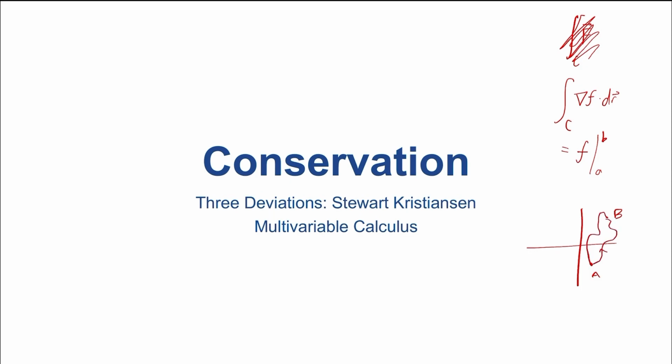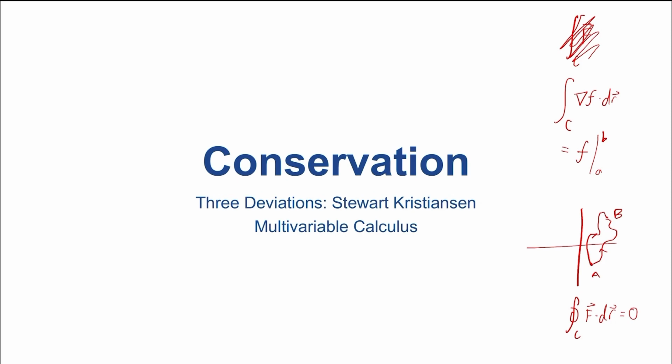These will both be the same. Or I could alternatively say that the closed integral of the vector field dotted with dr over the curve is equal to 0. So if I go in any closed loop, then the work done will be 0.